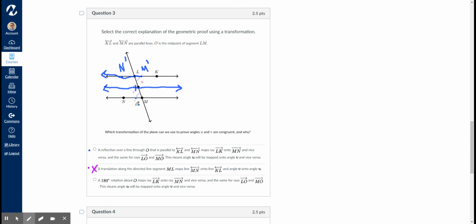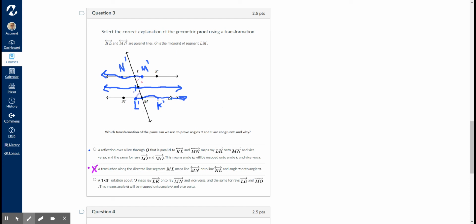L prime, K prime. So it says it should map ray LK onto ray MN, but we learned earlier, right, that the direction and the order of the letters for a ray matters. So LK is actually not mapped onto MN.